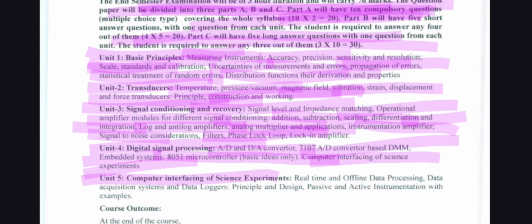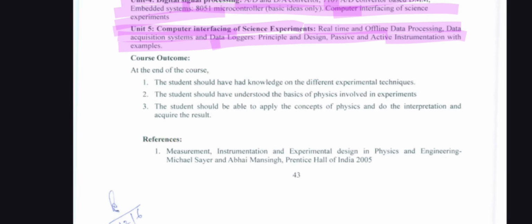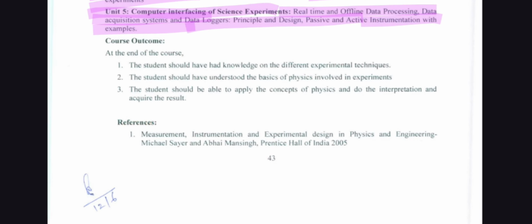Unit 5 is computer interfacing of science experiments, real-time and offline data processing, data acquisition systems and data logger, principle and design, passive and active instrumentation with examples. And you see this course outcome.